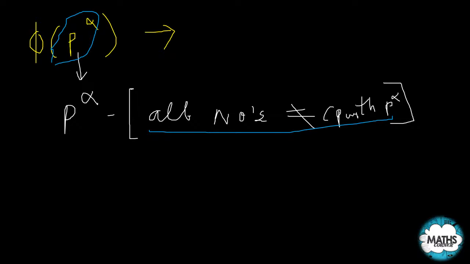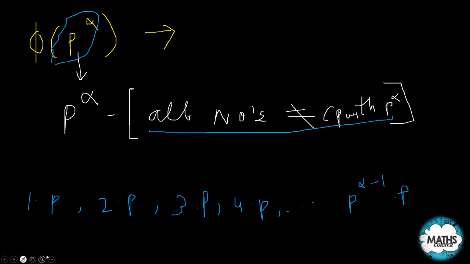So first, let me take 1 times p, and second is 2 times p. These are the numbers which are not co-prime to p to the power alpha. Then 3 times p, 4 times p, and so on till p to the power alpha minus 1 into p, which is p to the power alpha. So these are all the numbers which are not co-prime to p to the power alpha.